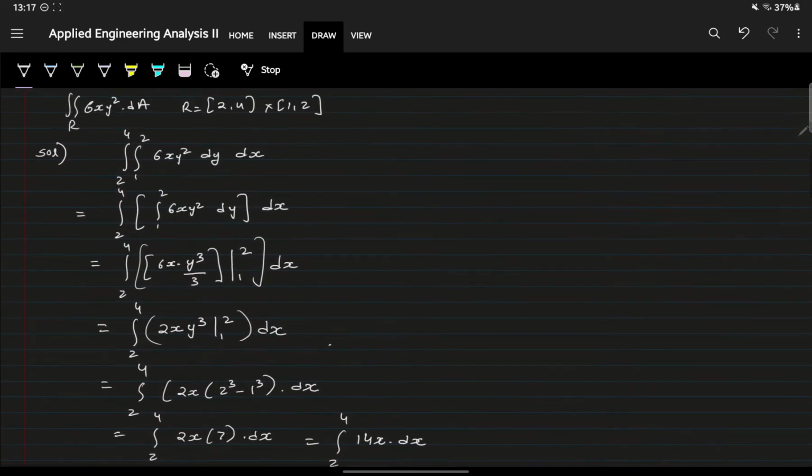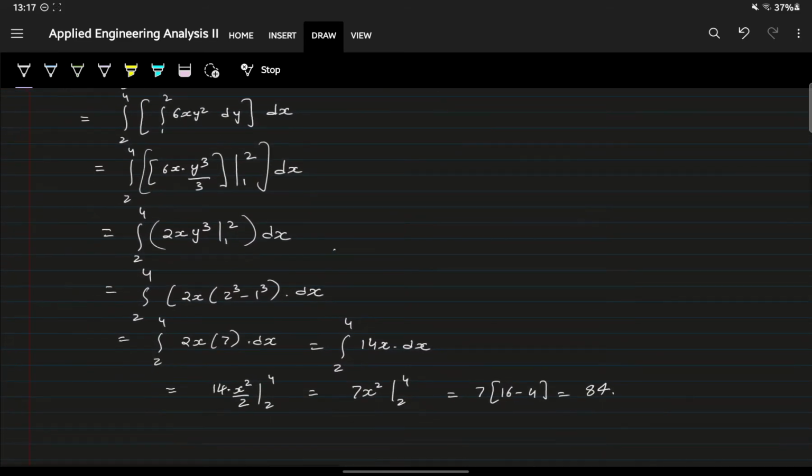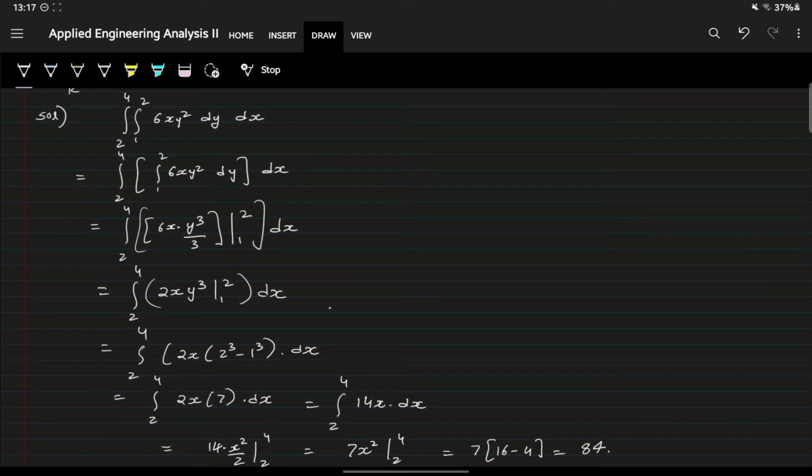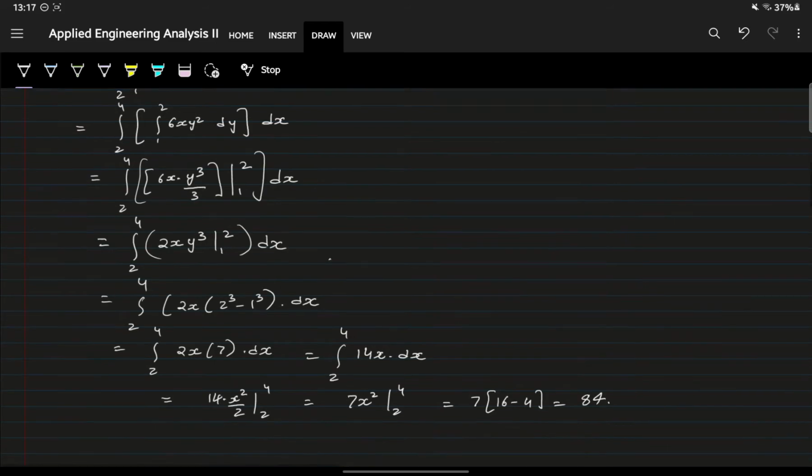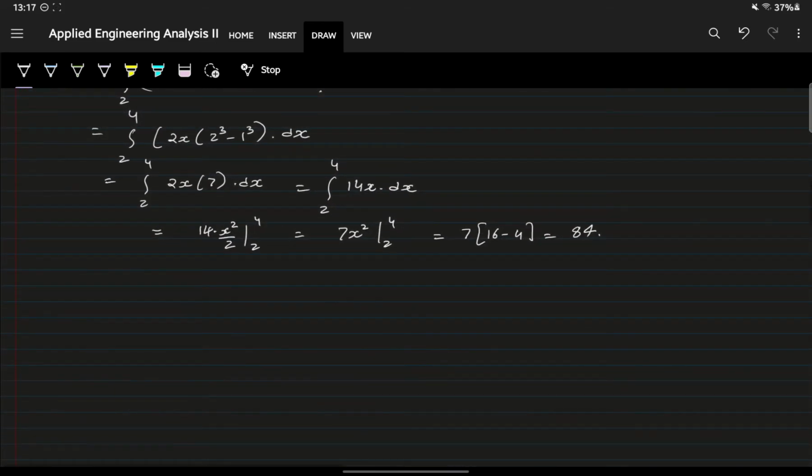Another thing I want to focus on here is that even if we change the order of operations, or if we change the inner limits and inner operand with the outer limits and the outer integrand, the result should be equal. So let's try that method as well.